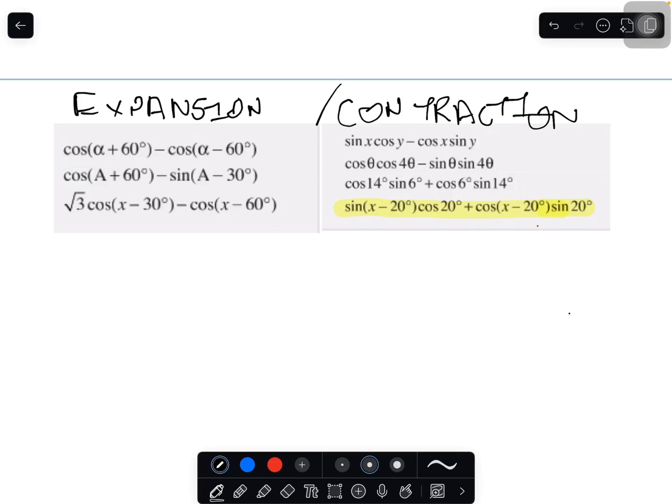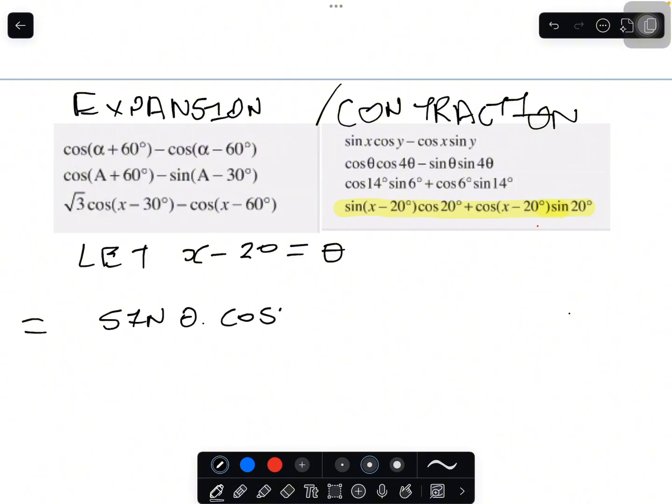So what I will do is I'll say let x minus 20 equal theta. So then it'll be rewritten as sine theta times cos 20 plus cos theta times sine 20.